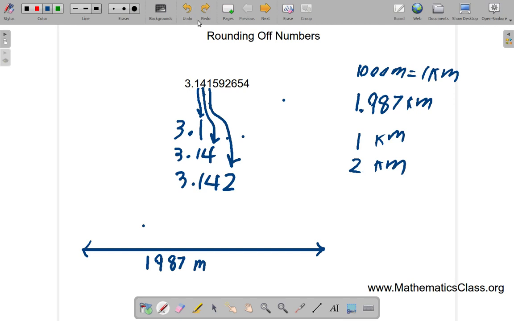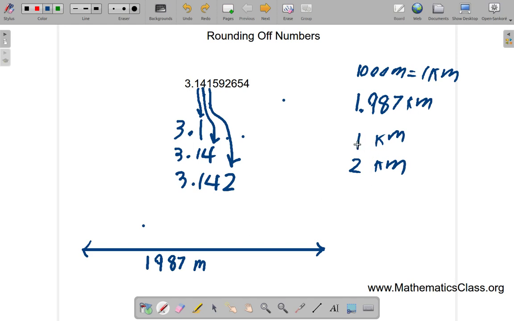The rule that we're talking about tells you to write 2 kilometers, because you're stopping at the 1 and the number to its right is more than 5. If it's 5 or more, you go back and add 1 to this. So you would write 2 here instead of 1. Now let's see something.